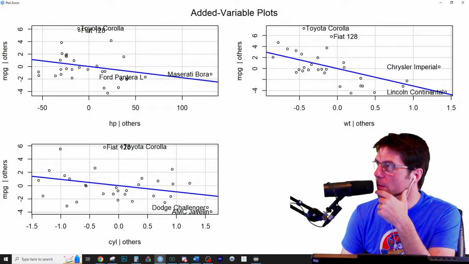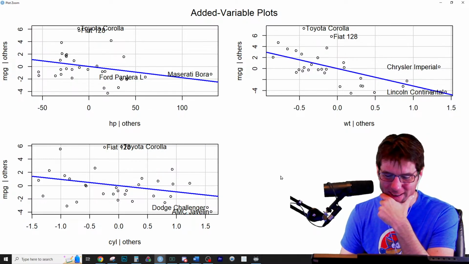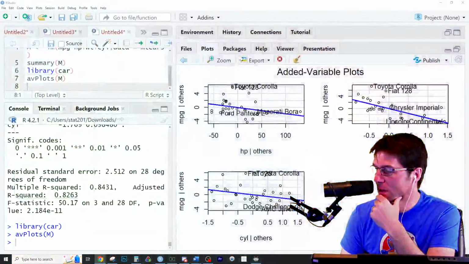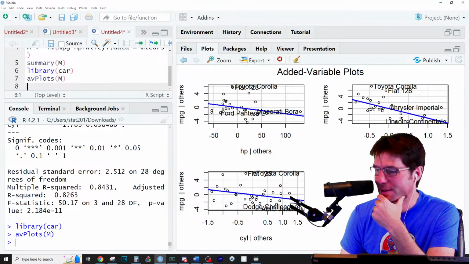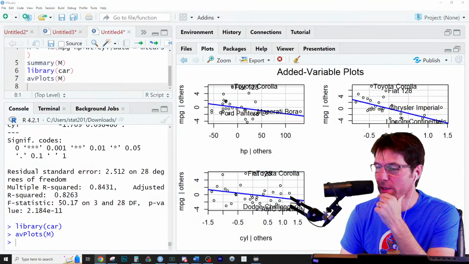It's using the row names. I don't think it is. I don't love these plots because I don't think they're the most informative. So let me see. That's from 2020.